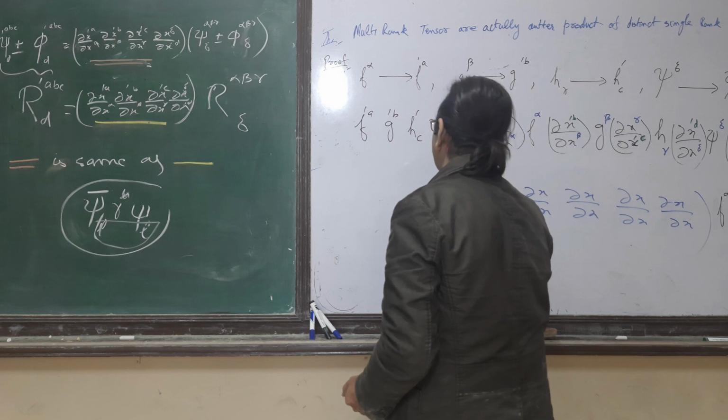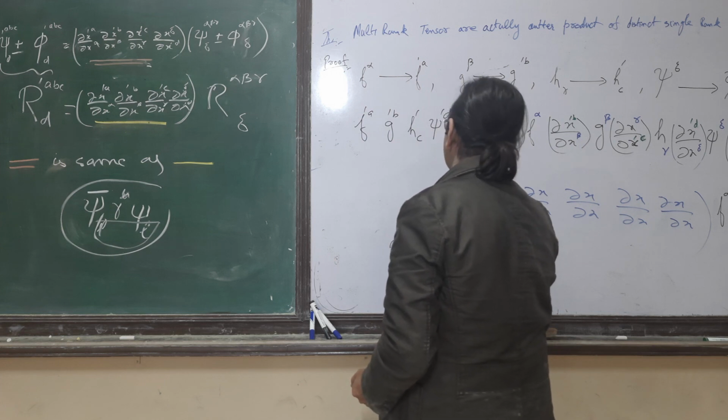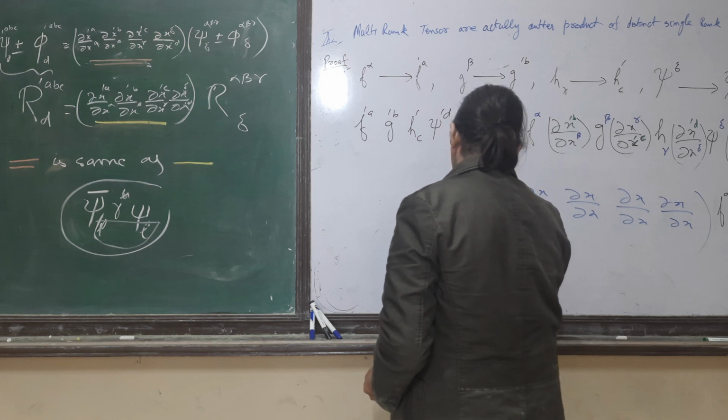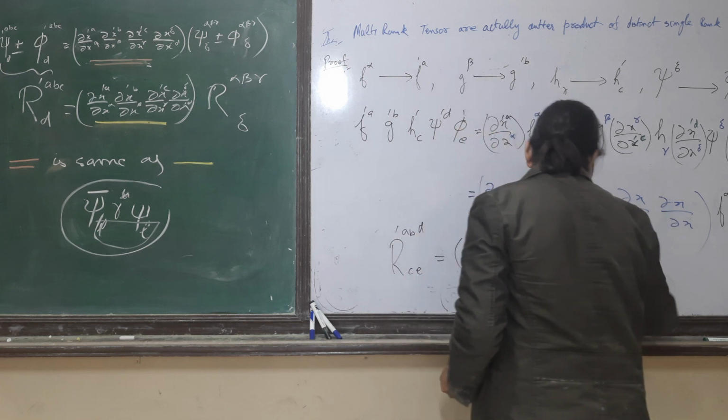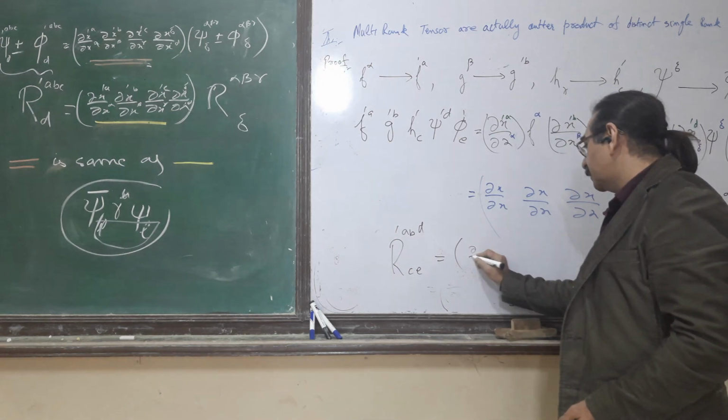This is a multi-rank tensor. What is that? That is A B D C E prime. You will write all these transformation laws.